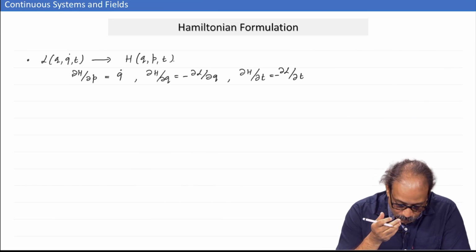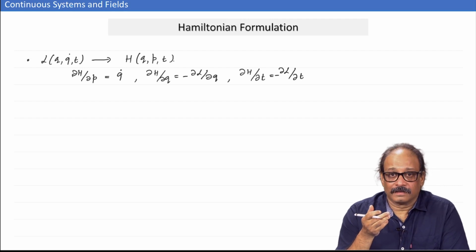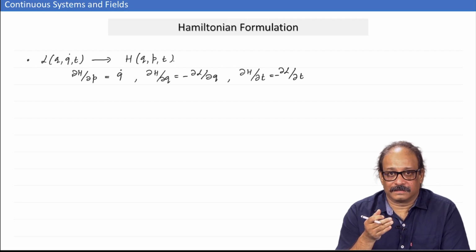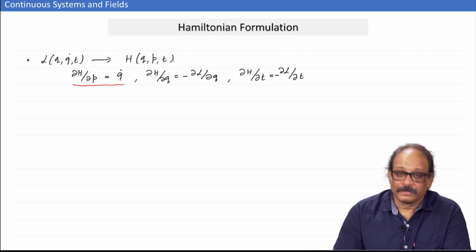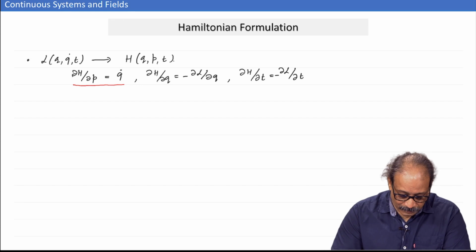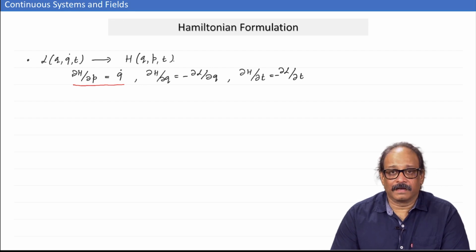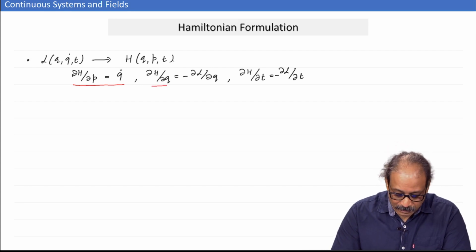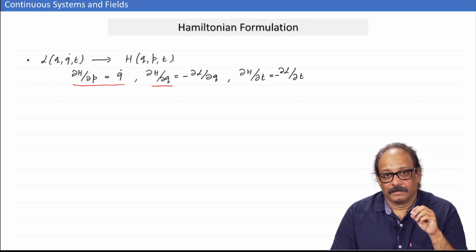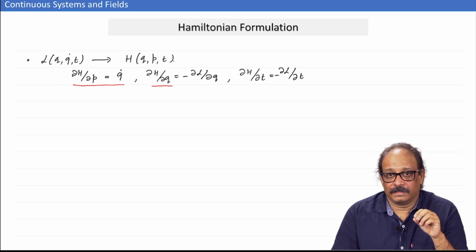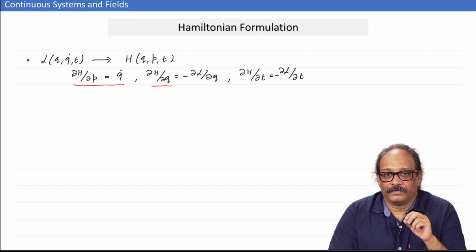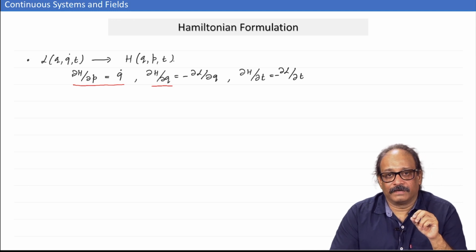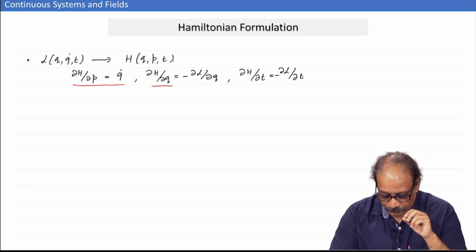So, when you go over from Lagrangian to Hamiltonian in finite systems, then we take a Legendre transform, and when you take the Legendre transform, of course, del H over del p becomes q dot, del H over del q becomes minus p dot, and the partial derivative of H with respect to time is also equal to minus the partial derivative of the Lagrangian with respect to time.